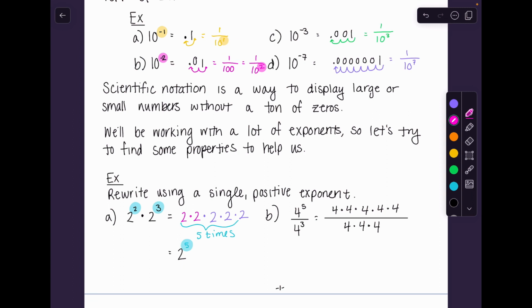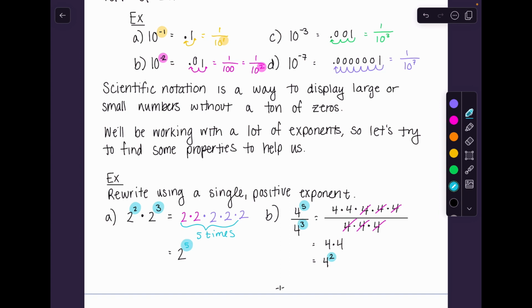And then just shrinking stuff down, 4 divided by 4 is 1, so these two cancel. Same thing, these 4's cancel because 4 over 4 is 1, and these 4's cancel. So 3 4's in the top cancel with 3 4's in the bottom. And what you're left with then is just 4 times 4, or 4 squared. So what we're actually doing here is we're taking the top exponent and subtracting the bottom.